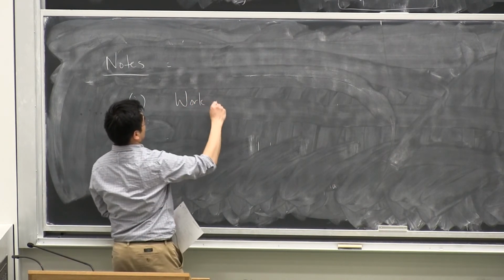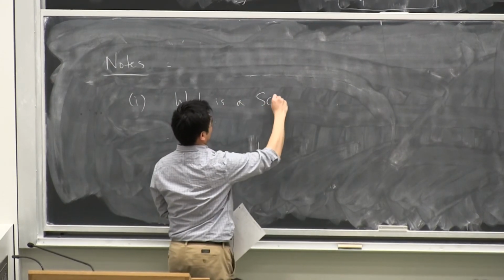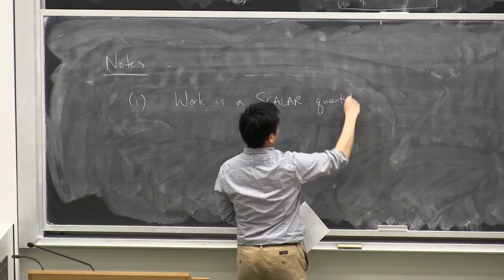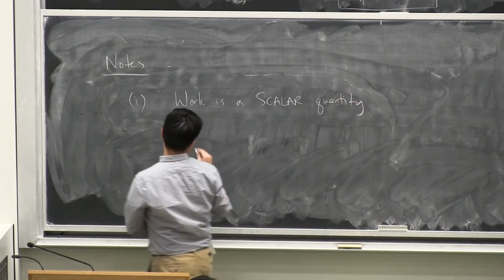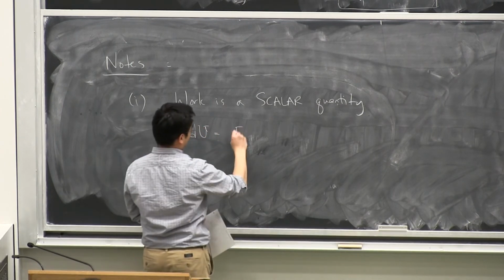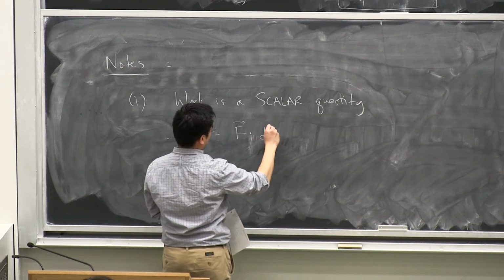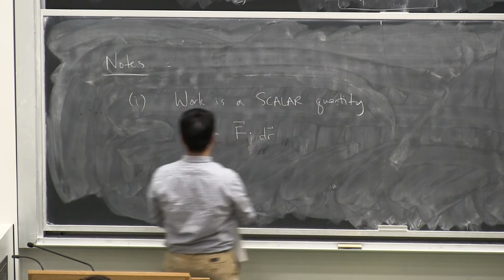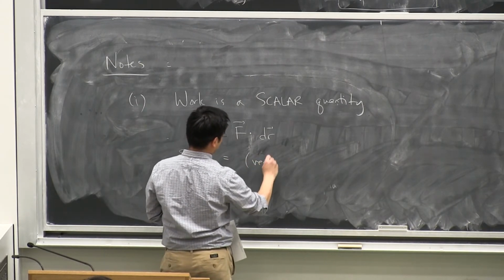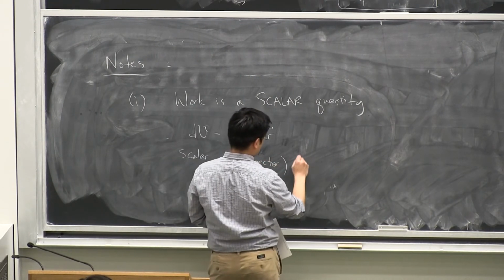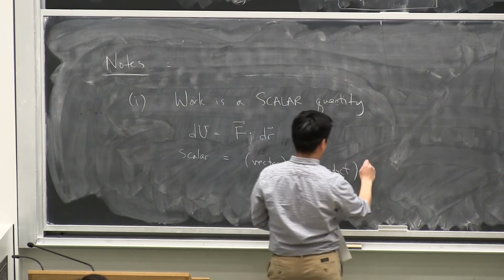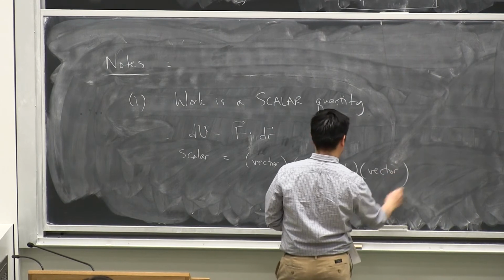So work is a scalar quantity. So we can write this as du equal to F dot dr. Scalar equal to vector dot product vector, right?